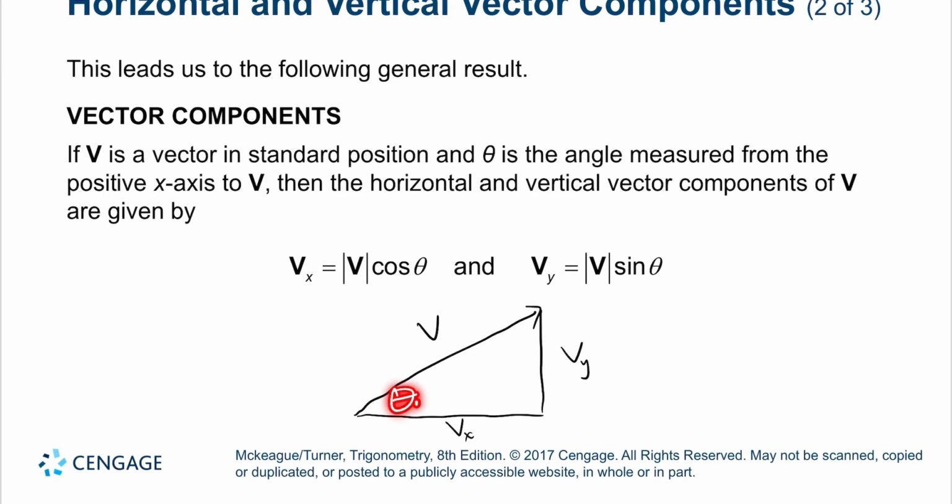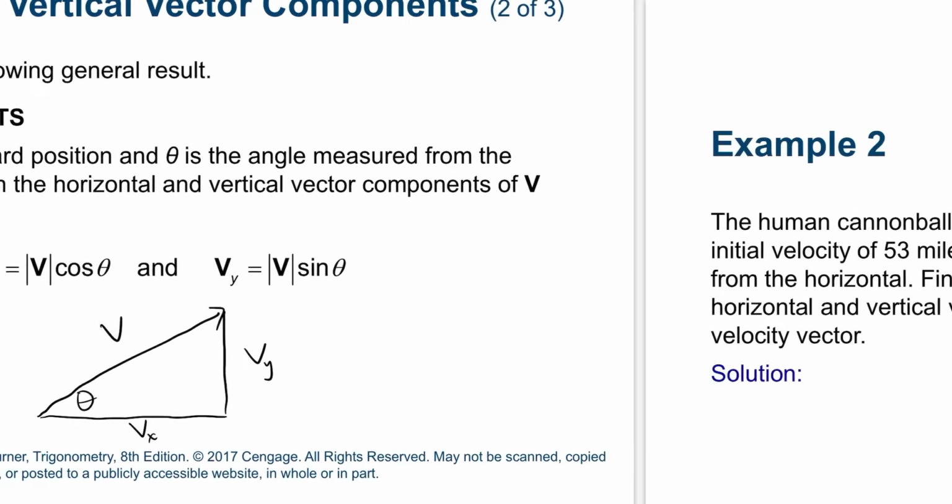If this is your angle theta, then opposite over hypotenuse would be the sine of this angle, which would be vy over v. And if you solve for vy, then you would get this equation. And if you want to find the horizontal component of the vector, you would do cosine of theta, which is this divided by this. And then you would solve for v sub x, which gives you this equation here.